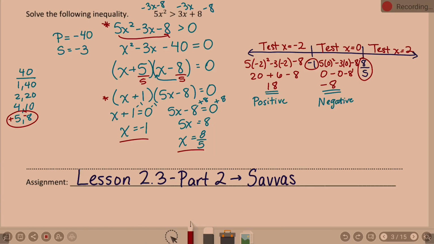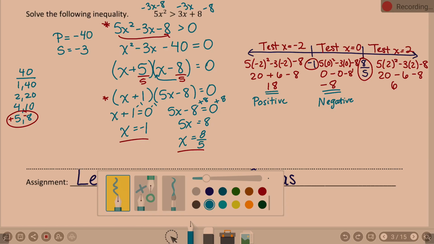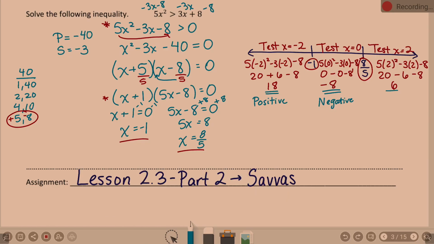Use a whole number. Make life easy for yourself. So 5 times 2 squared minus 3 times 2 minus 8. 2 squared is 4 times 5 is 20 minus 6 minus 8. I don't know. It's positive. I know that much, right? 20 minus 6 minus 8 works out to be 6, which, what do we know? Positive.